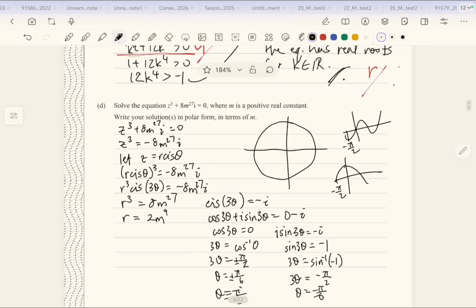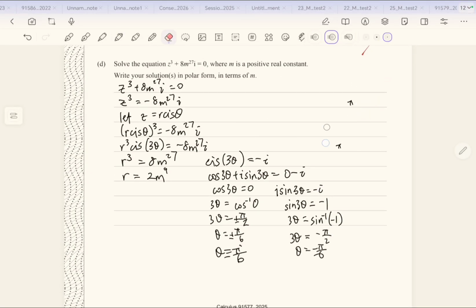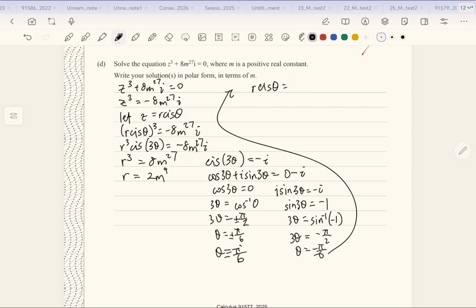Alright, it's taking a lot of pages. Let's forget about the graph first and bring us up to the top. So we have r cis theta equals 2 to the 9 cis negative pi on 6.